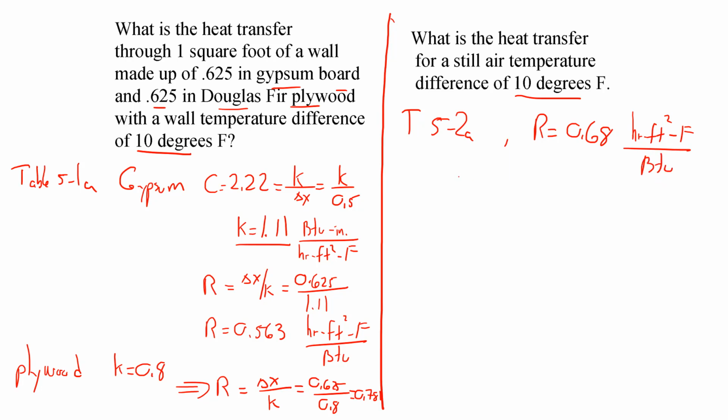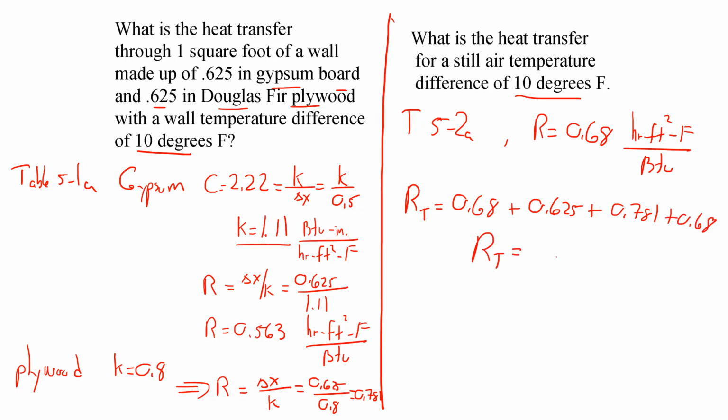So with that said, our total resistance is going to be the indoor convection plus the resistance for the gypsum, plywood, and the inside convection for still air.